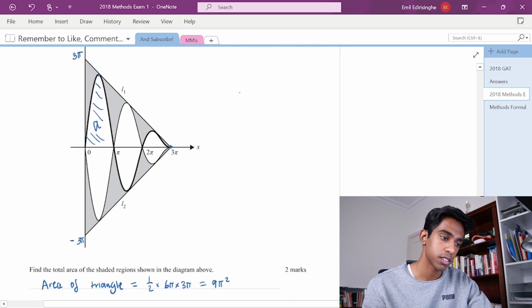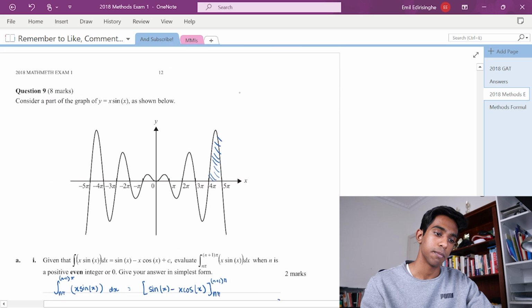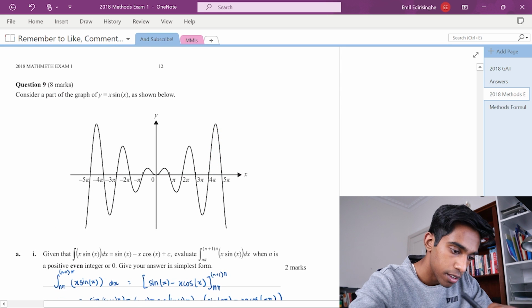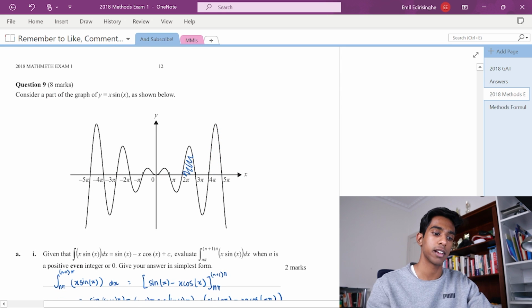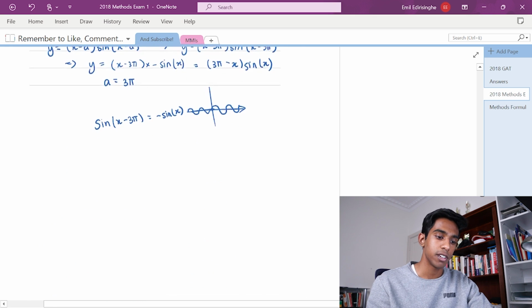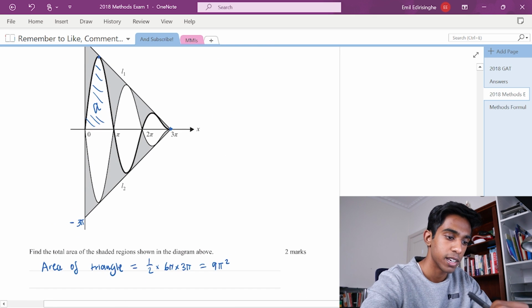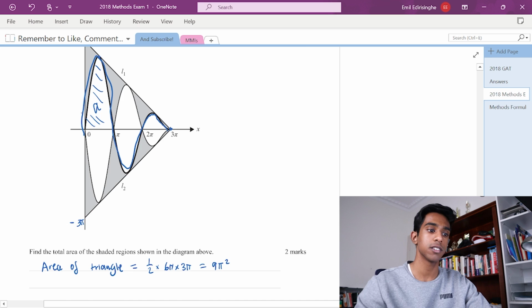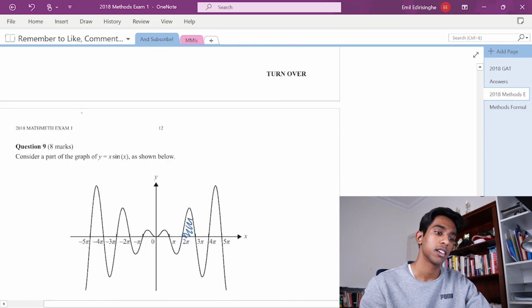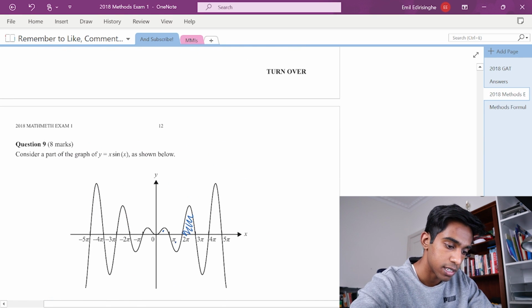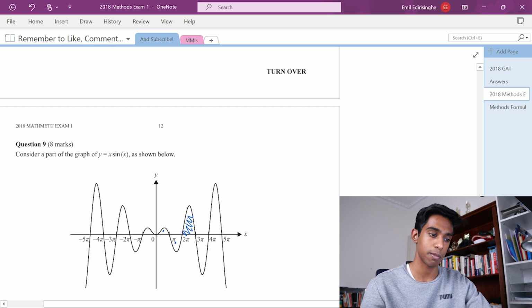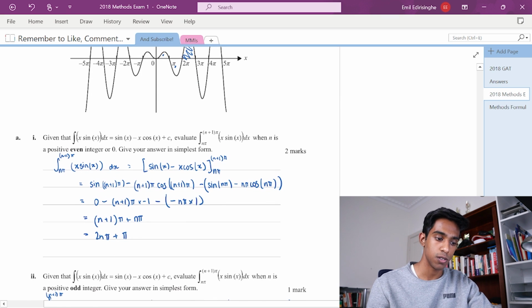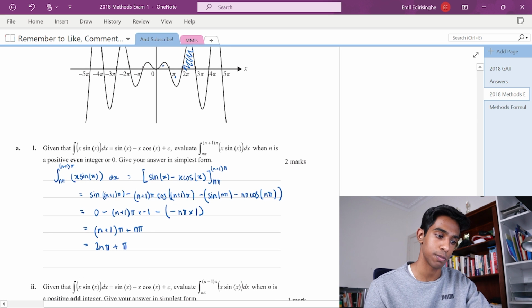Let me have a look actually. No, sorry, I'm wrong. Area A is going to be this area from 2 pi to 3 pi. The reason you can tell that is because we're essentially following this equation here, and so it goes up once, down once, up once. So we're looking at this part here, up once, down once, and up once. So we're looking at 2 pi to 3 pi. And then we can essentially use these equations to get the area of those parts.